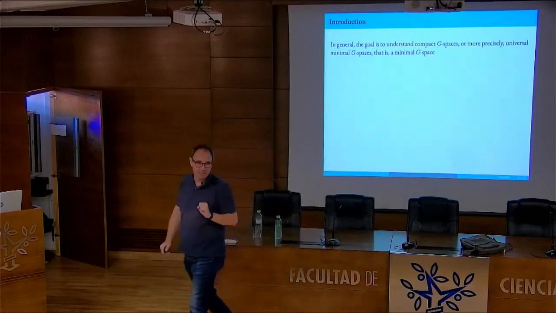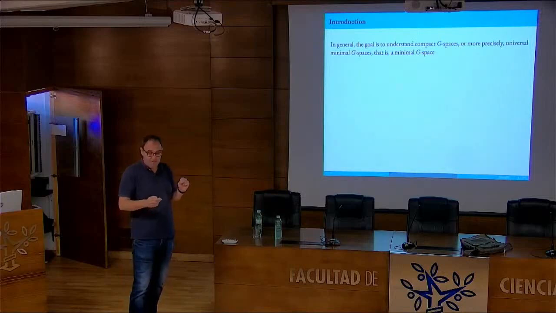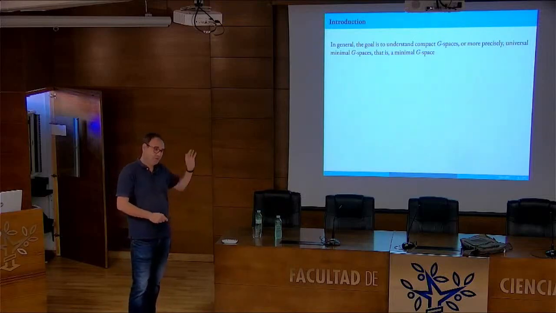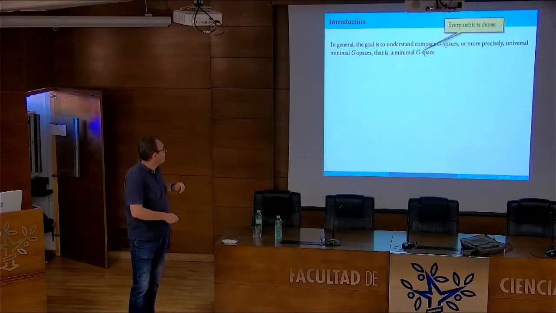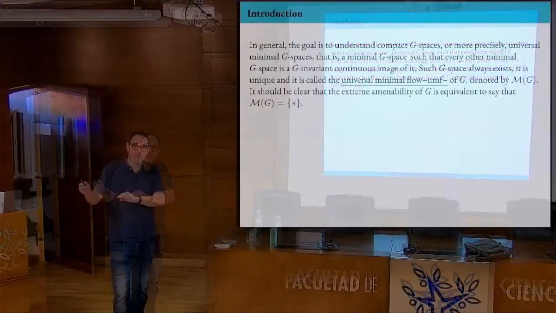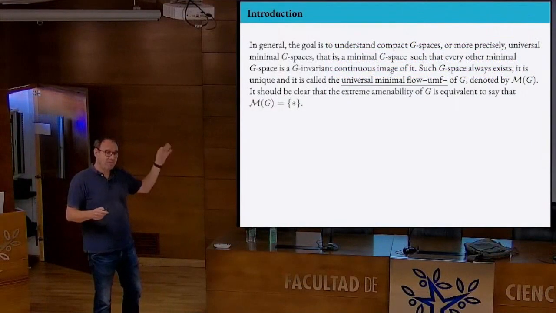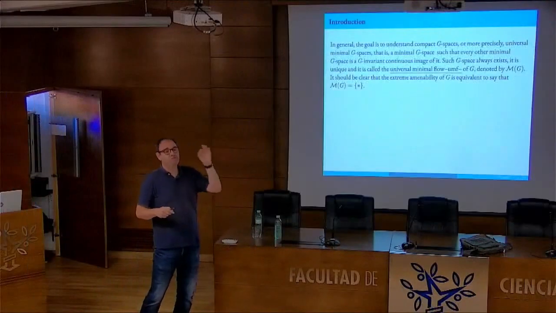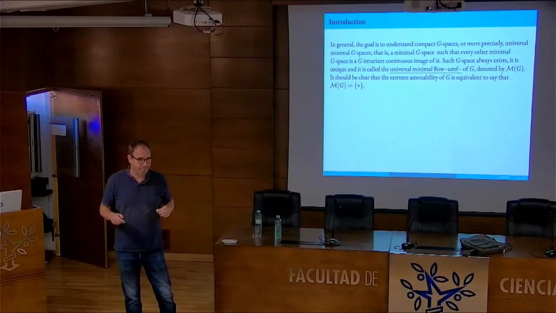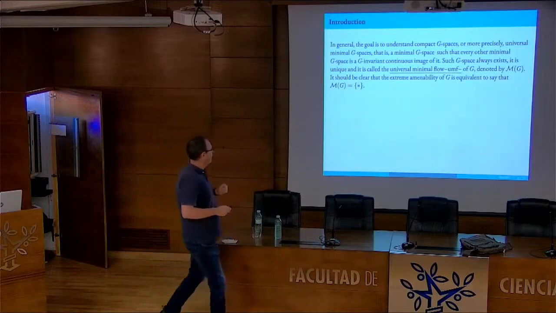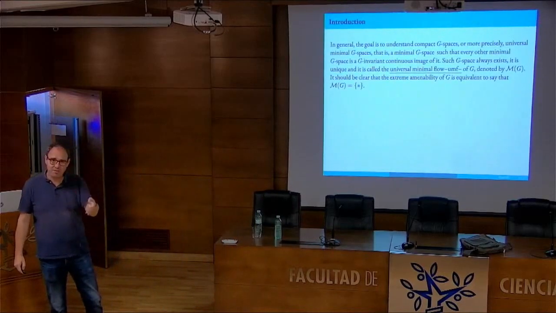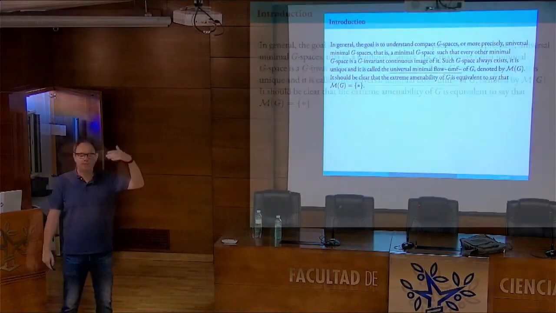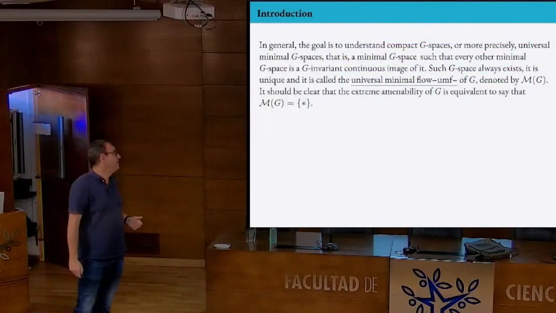And one of the things they want to understand is the universal minimal action, those such that any other minimal action is a G-continuous image of that. This is what it says in there. Extreme amenability is the same as saying that this universal minimal flow, universal minimal action, is a point.